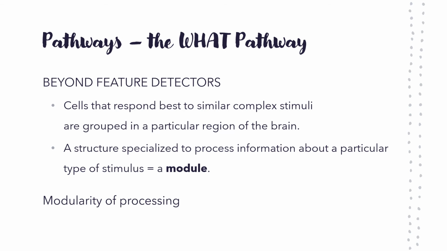But I'm going to continue on talking about this a bit as distributed processing, that we have distributed processing across the brain for a particular complex stimulus. We still do have these modules where we see a greater activity of a particular area for a particular type of stimulus.